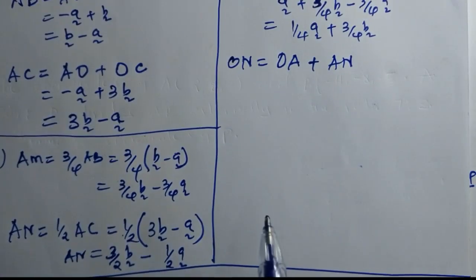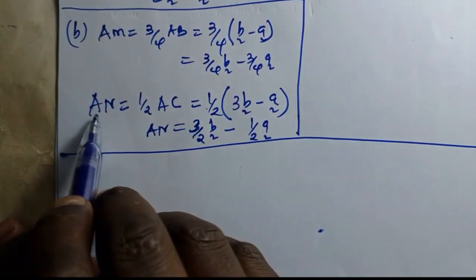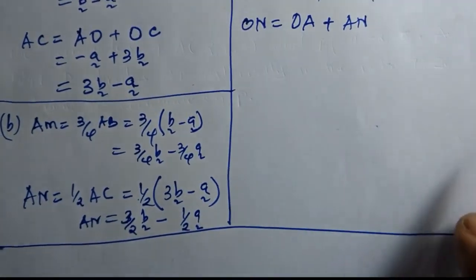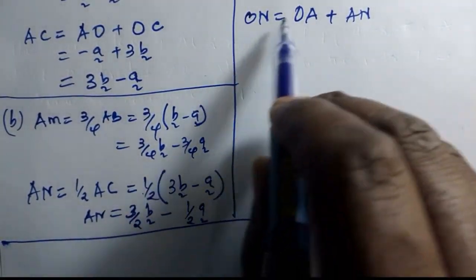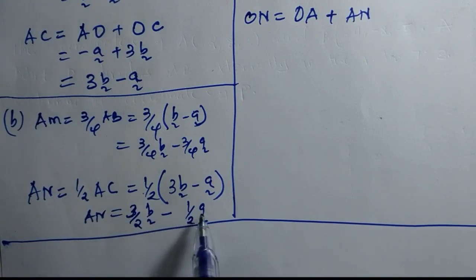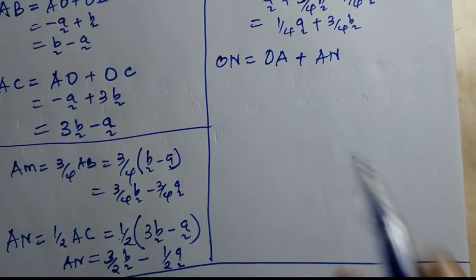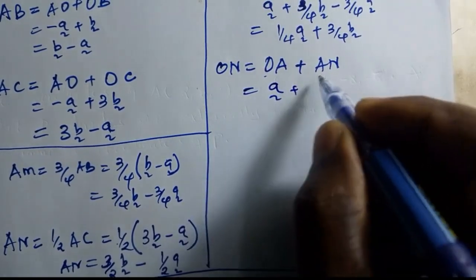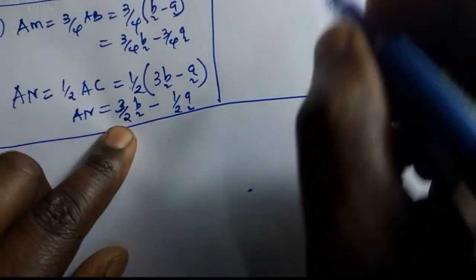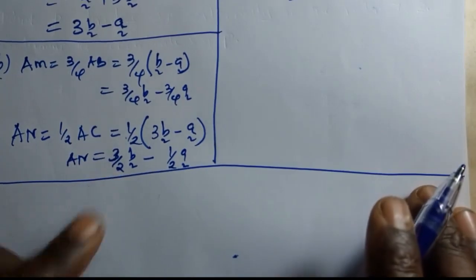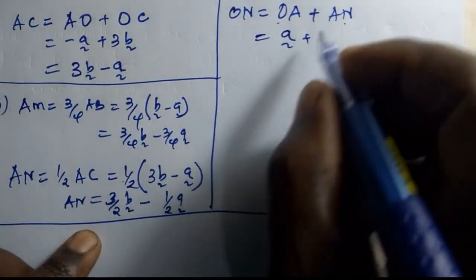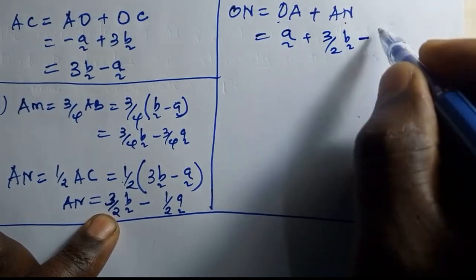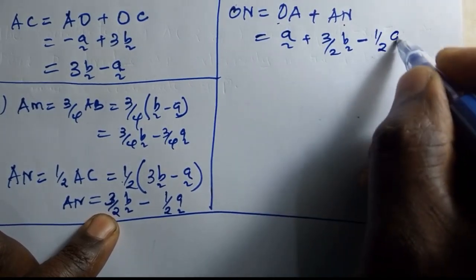So we go this way because we have already obtained AN. That's why I'm using AN, because we want to express ON in terms of B and A. This one is ON, which is A plus AN, and our AN is 3 over 2B minus 1 over 2 vector A.